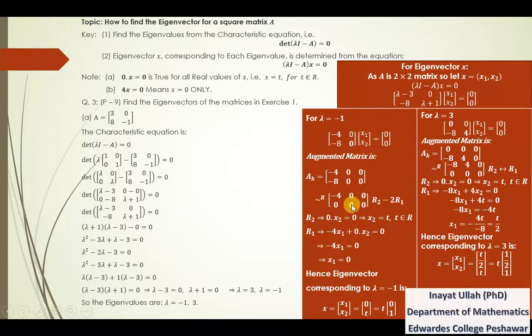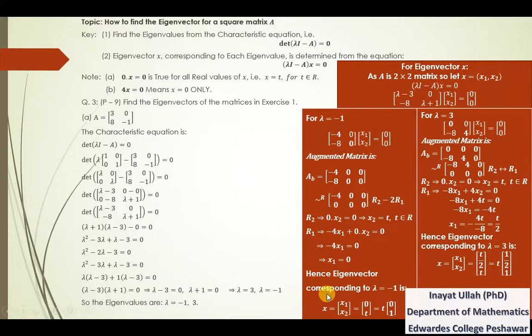So you see that below this main diagonal, this entry has now become 0. So that is actually an upper triangular matrix.